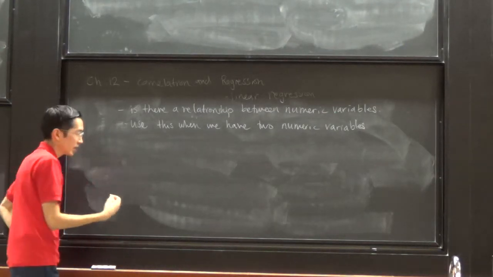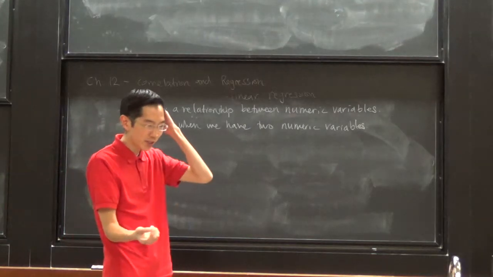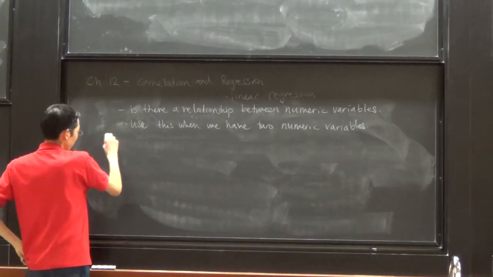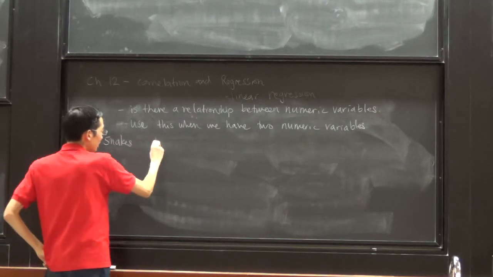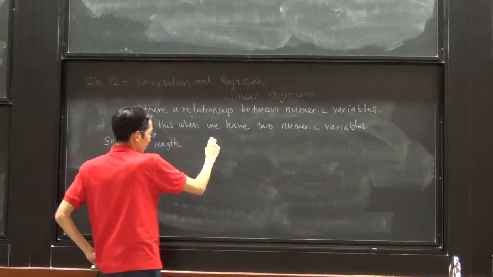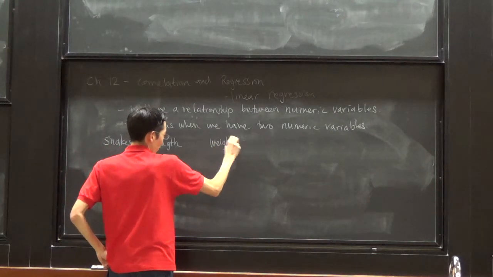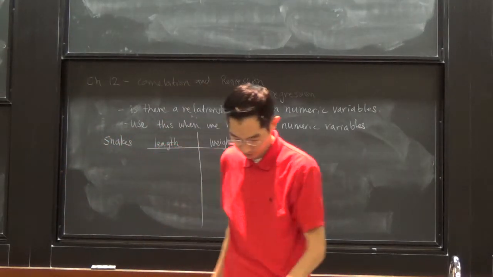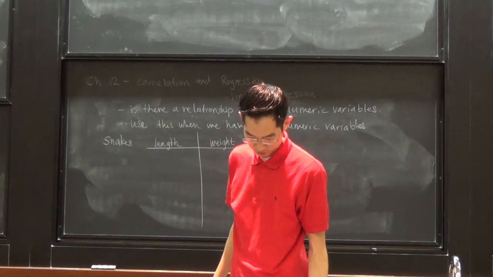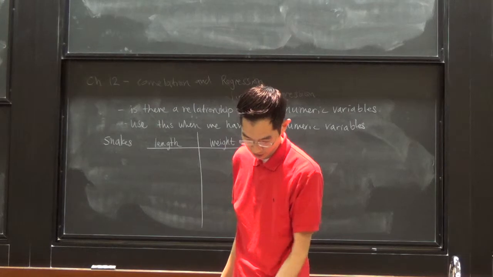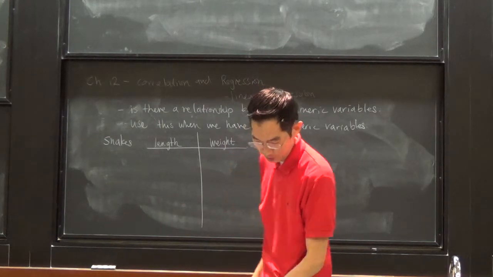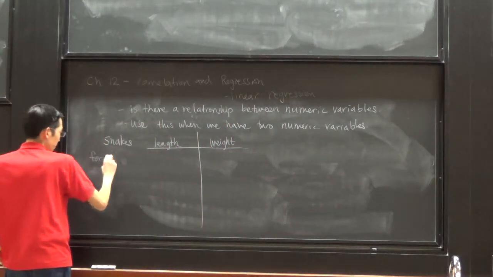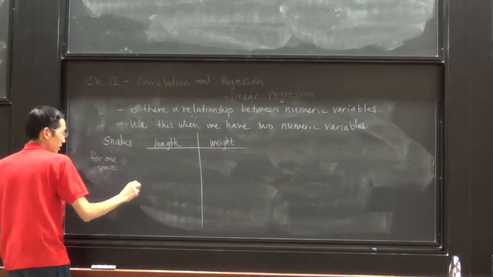We have two numeric variables, and so a simple example that the book uses is that for a particular species of snake, we can look at the length of the snake and the weight of the snake. We look at the length in centimeters.